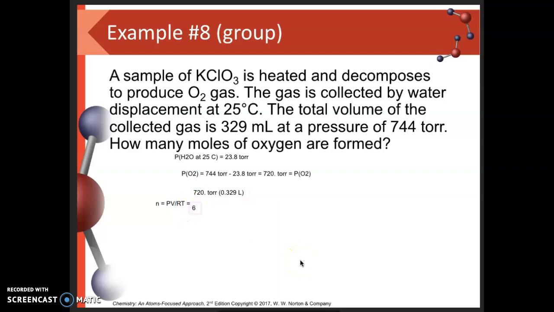Since I'm in torr, 62.36 liter torr per mole Kelvin is my gas constant, and T, 25 Celsius, is 298 K. I do a little quick check around. Okay, liters cancel, torr cancel, Kelvin cancel. I'm left with just moles.